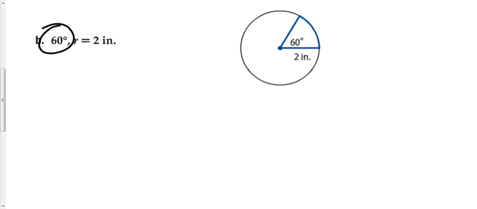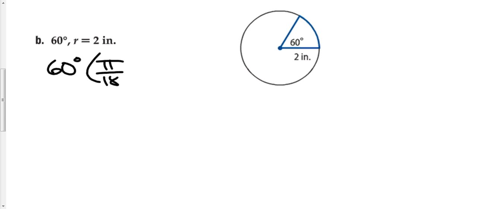60 degrees. You cannot calculate arc length with a degree measure. You must first change it into radians. Pi over 3. And hopefully you get more used to pi over 3 as a radian measure.